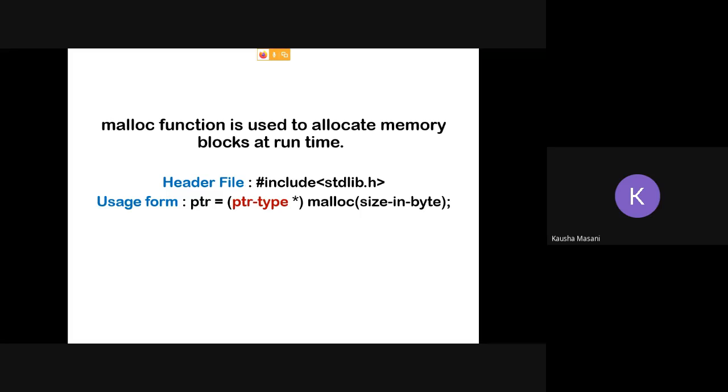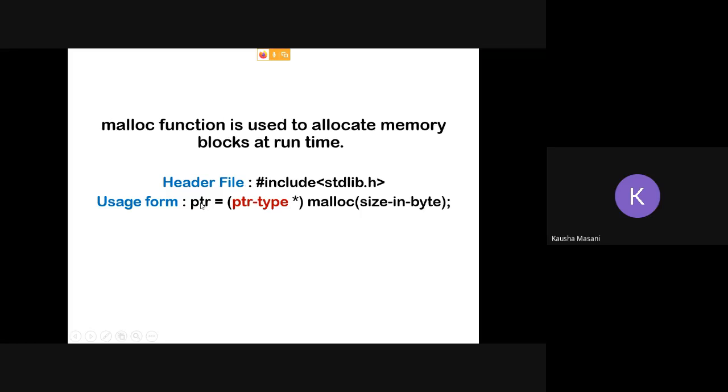When you are using this line, ptr equal to ptr type star malloc size in byte, in your program, your compiler first of all is going to execute the malloc size in byte part. So whatever size you have given, that amount of memory is reserved. Now that reserved block is pointed to by one pointer, and that pointer is of type void, so we have to typecast that pointer.